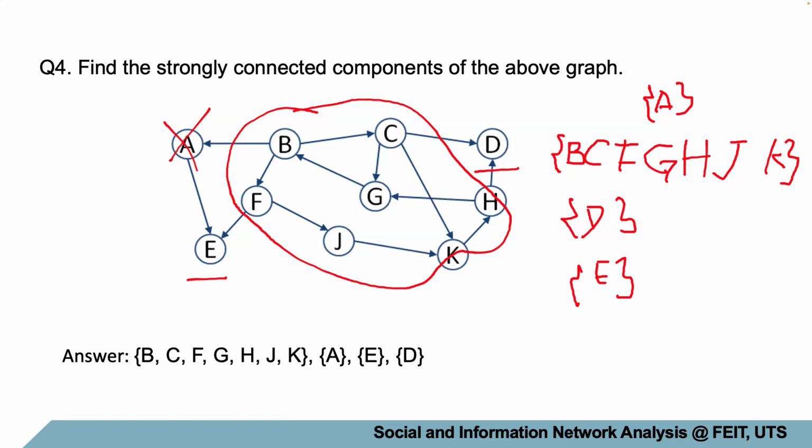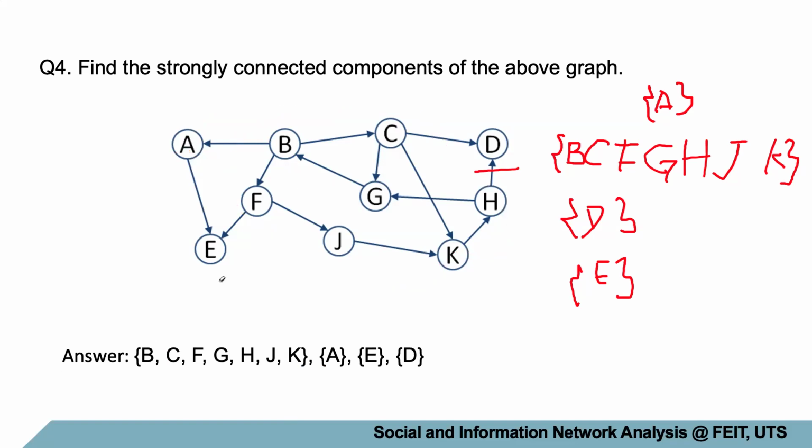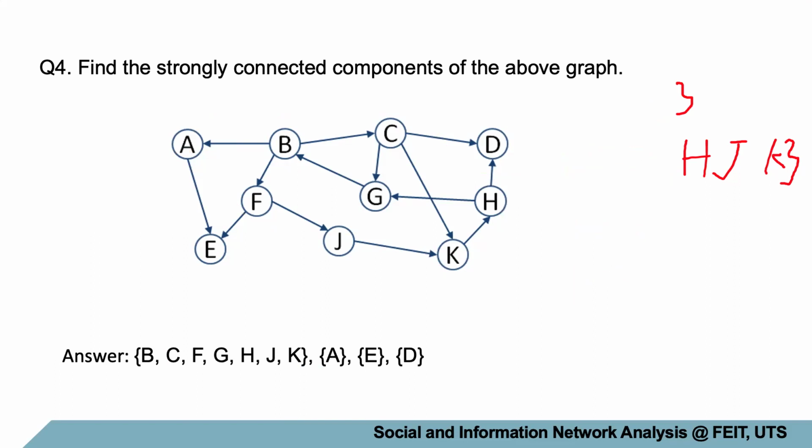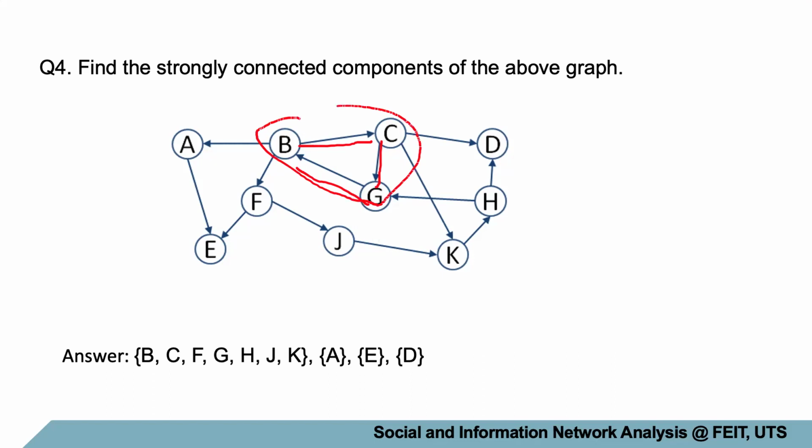Actually, I will share another simple way to find the SCC. According to the definition of SCC, inside an SCC, each node can reach the other nodes. So we can just find cycles here. Because in a cycle, each vertex inside this cycle can reach each other. For example, you have B to C, C to G, G to B. Then these three nodes can definitely reach each other, right?